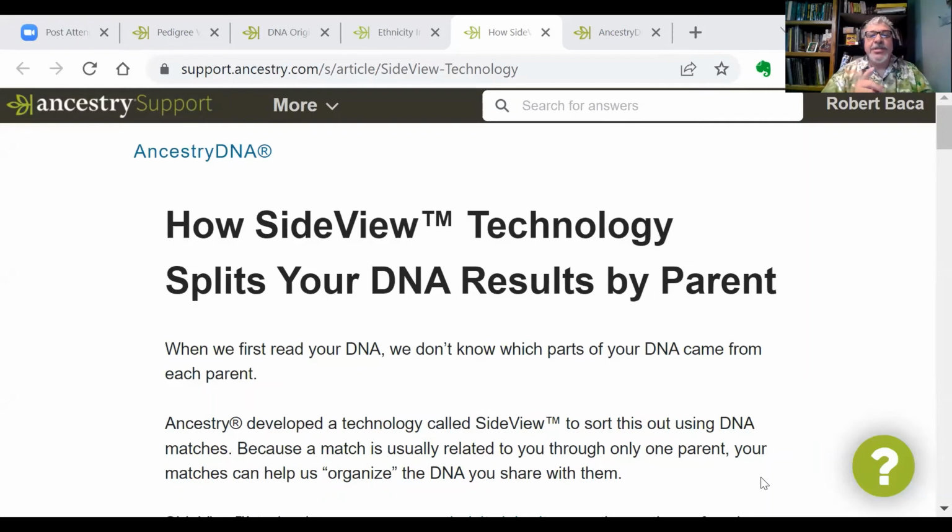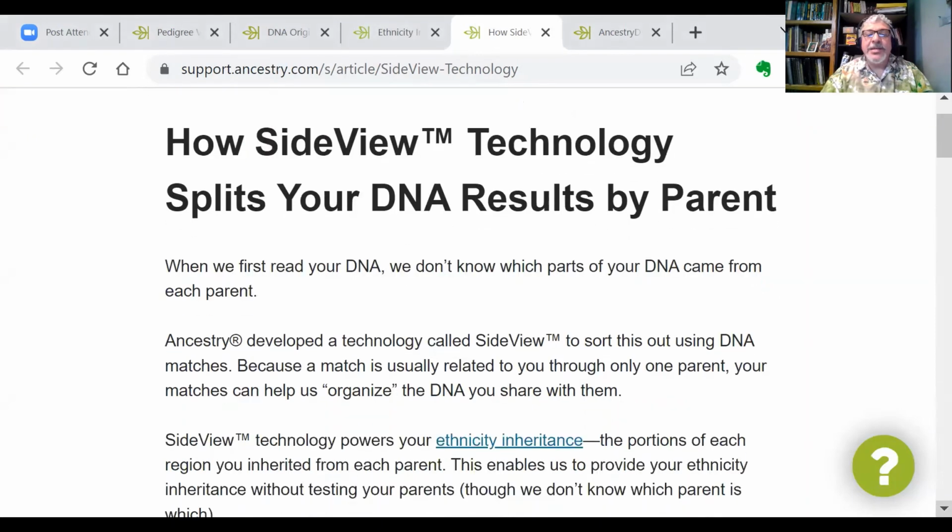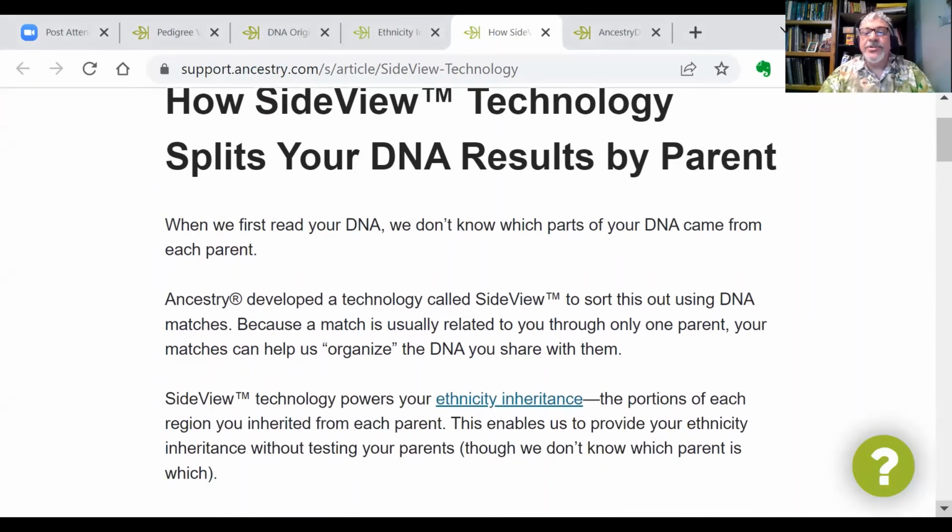How SideView technology splits your DNA results by parent. When we first read your DNA, we don't know which parts of your DNA come from each parent. Ancestry developed a technology called SideView to sort this out using DNA matches. Because a match is usually related to you through only one parent, your matches can help us organize the DNA you share with them.